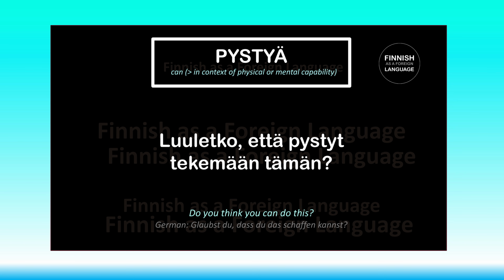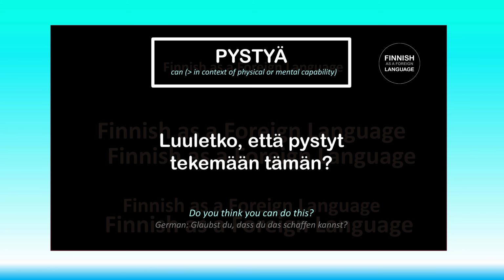Next one. Luuletko, että pystyt tekemään tämän? Means, do you think you can do this? Or do you think that you're able to do this? So let's go step by step. Luuletko means do you think or do you believe? Että means that, it's a conjunction. Pystyt is the second person singular present tense of the verb pystyä.